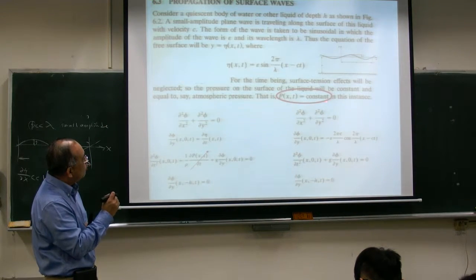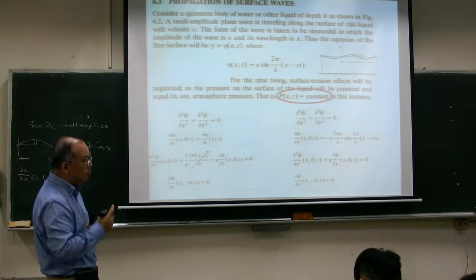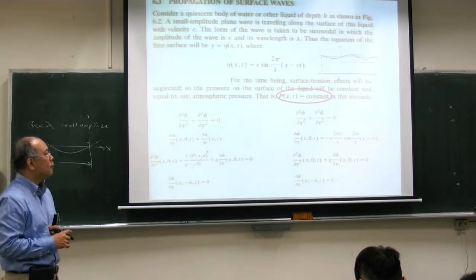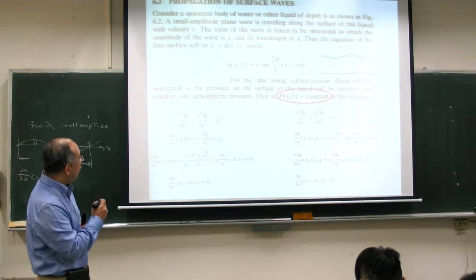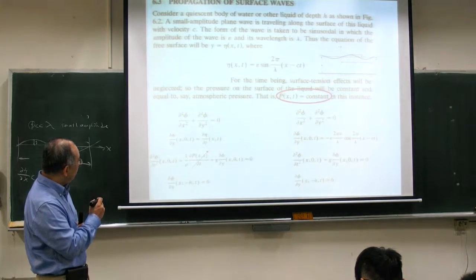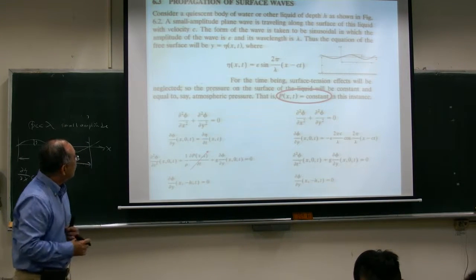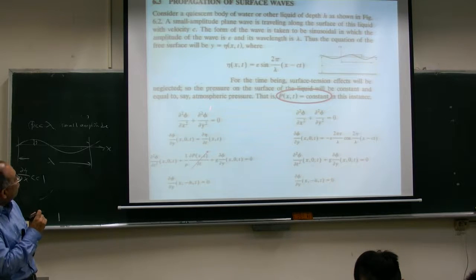So this atmospheric pressure is constant everywhere. So this ∂P/∂t will be neglected because P is not a function of time, it's a constant. Okay, so we can rewrite our governing equation and boundary conditions.